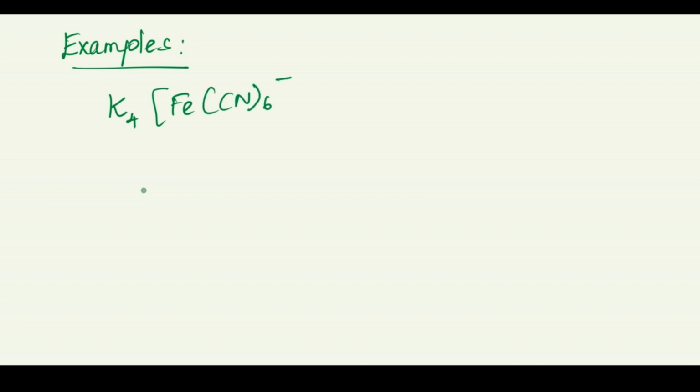Let's see some examples of how to name coordination complexes. The first one is K4[Fe(CN)6]. The first rule is that the cation part must be named first. Which is the cation part here? Don't go inside the coordination sphere.